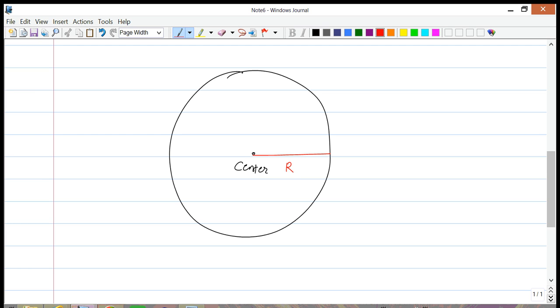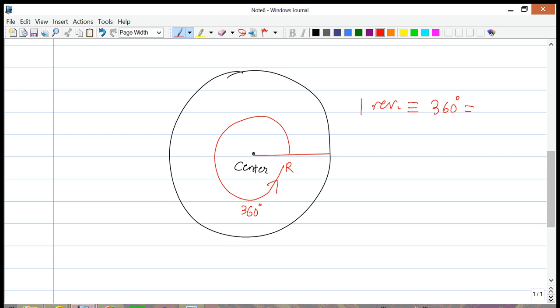First of all, let us look at units. From elementary geometry, you all know that when you go around a circle once, if you complete one revolution around a circle, you complete an angle of 360 degrees. So one complete revolution corresponds to 360 degrees.